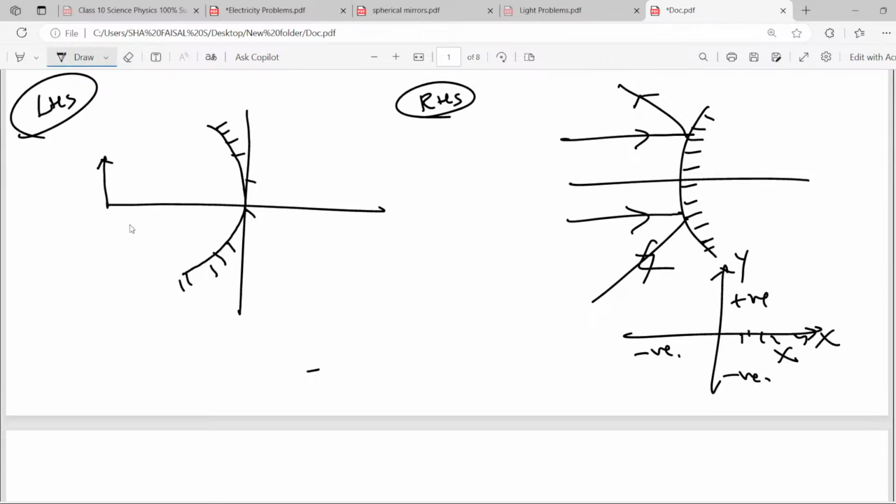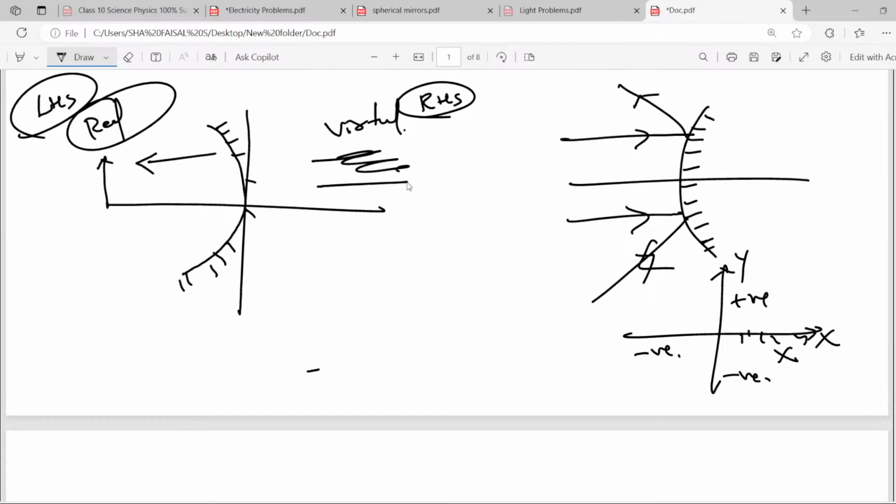Left hand side. Understood? So it is called real. If anything is falling behind this area, then it is said to be virtual. If anything is falling on the left hand side, that is a real image. If anything is happening on the right hand side, that is known as virtual. So real image and virtual image. Any doubts?